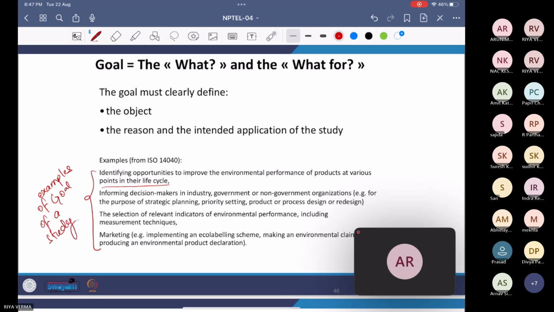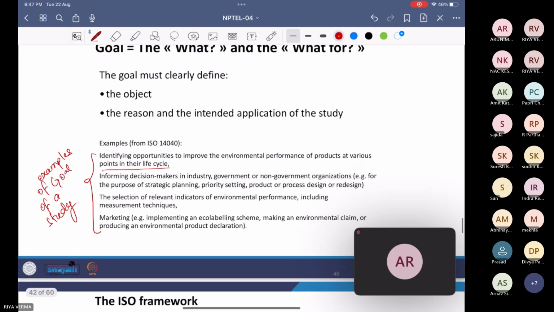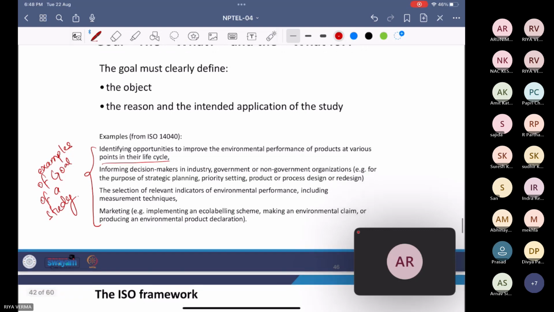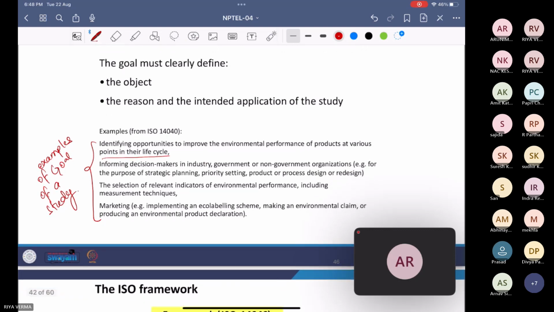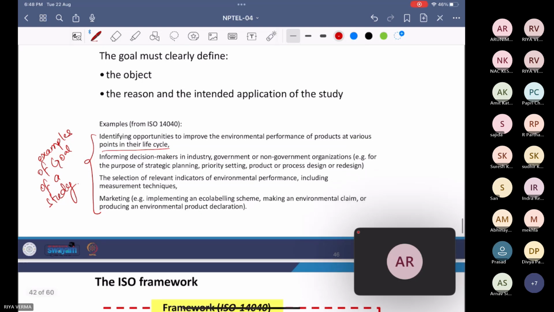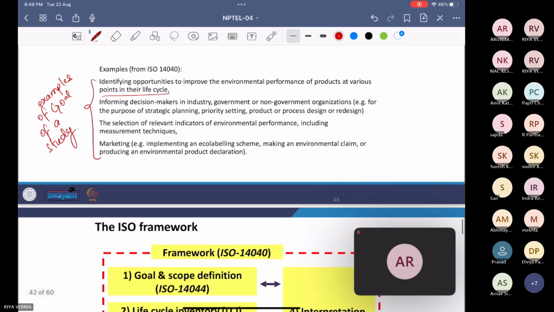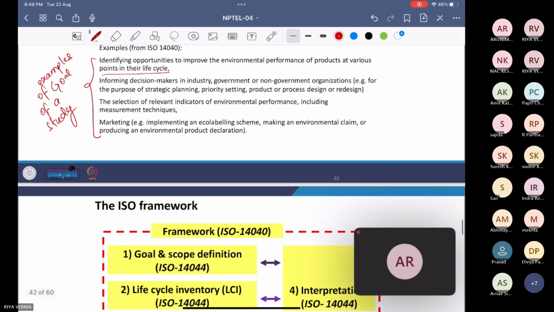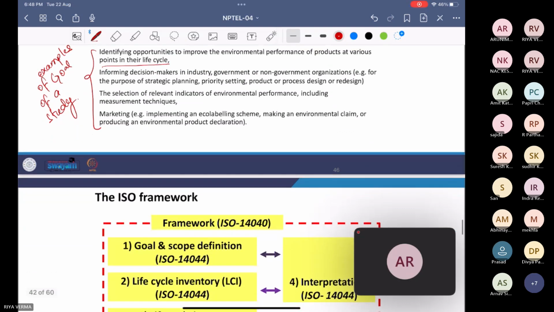Next is informing decision makers in the industry or the government or non-government organizations for the purpose of strategic planning, priority setting, product or process design or redesign. Then the selection of relevant indicators of environmental performance, including measurement techniques. Then marketing, implementing an eco-labeling scheme, making an environmental claim, or producing an environmental product declaration. So these are some different types of goals that we can have for a particular study.